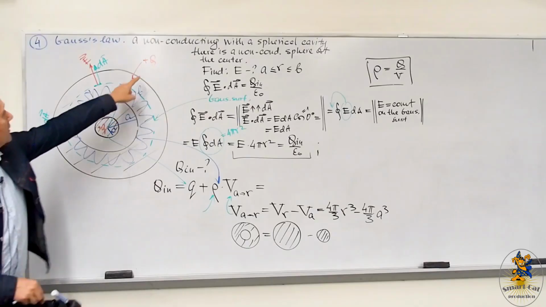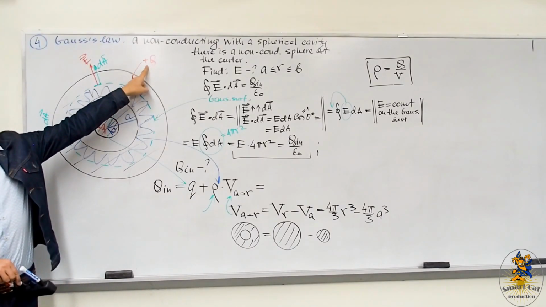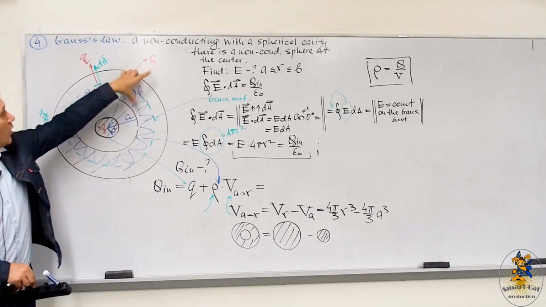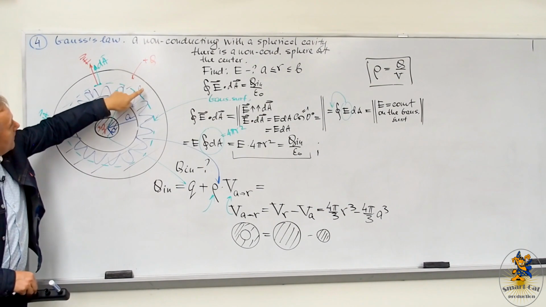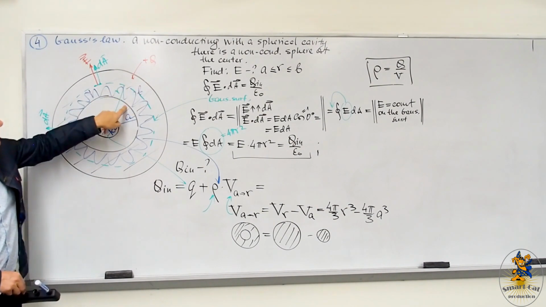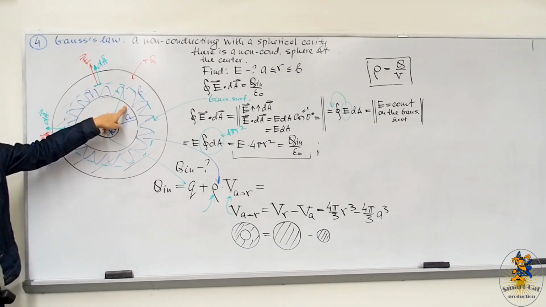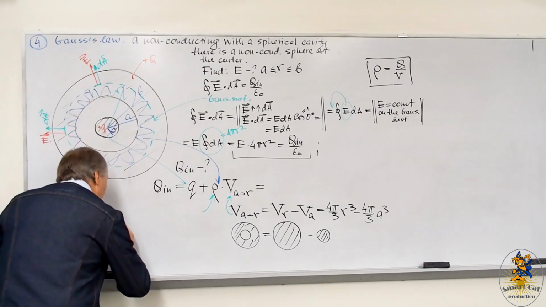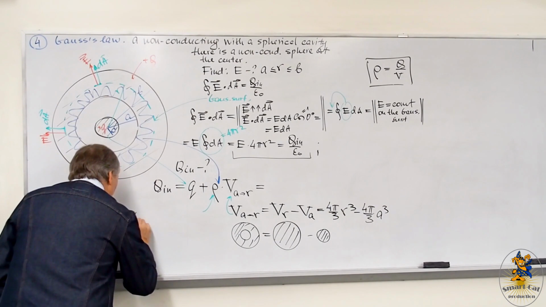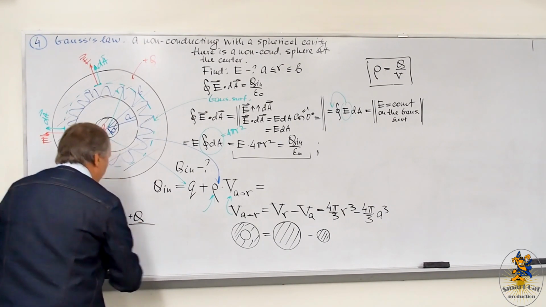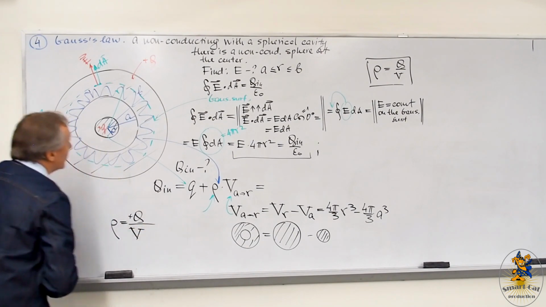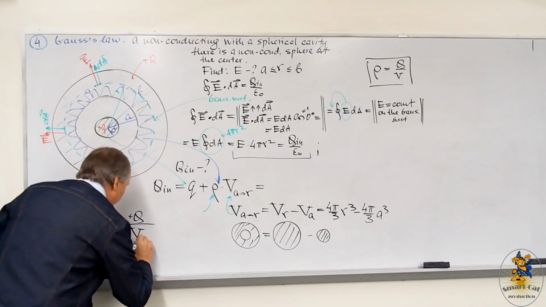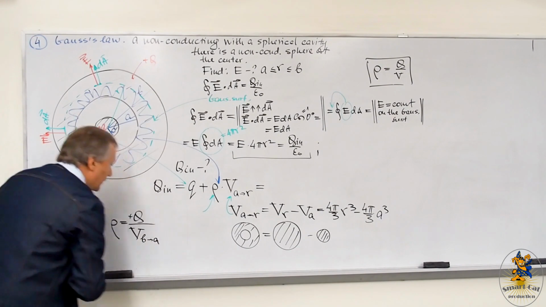We know that this charge plus Q is uniformly distributed over this object, between a sphere with radius B and a sphere with radius A. Right? Okay, so now rho equals the total charge Q, that positive, divided by the volume between the spheres with radius B and A, the hole.